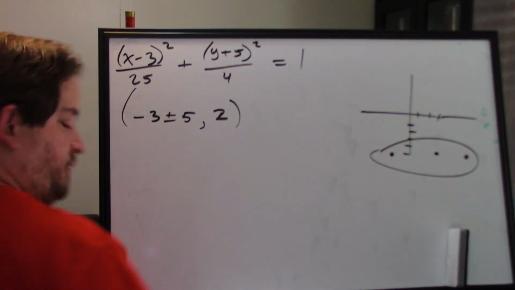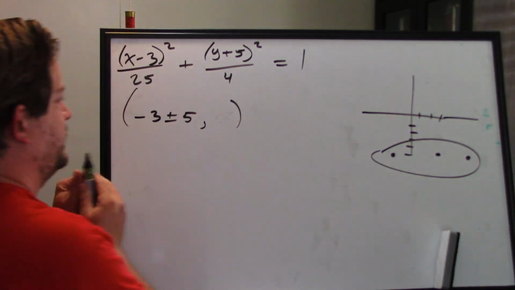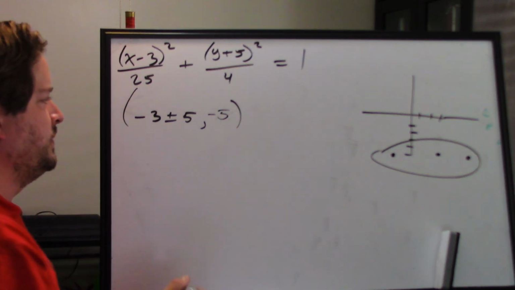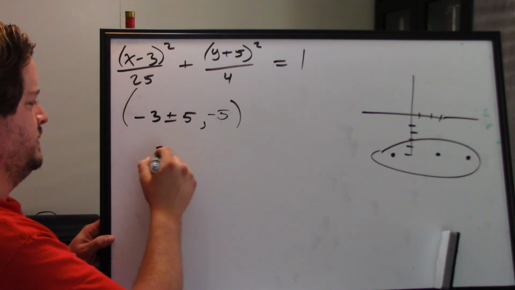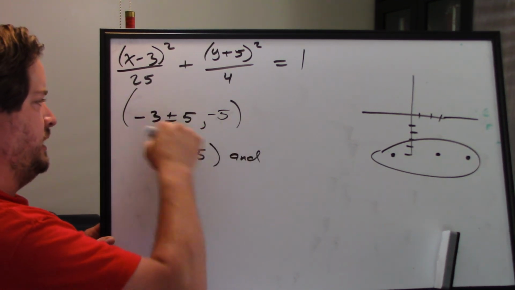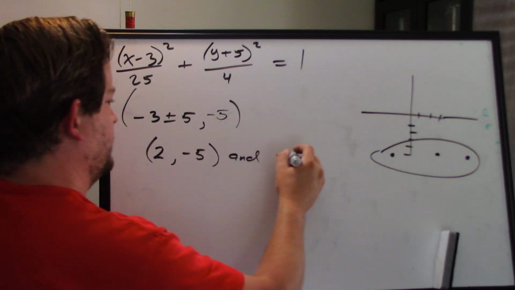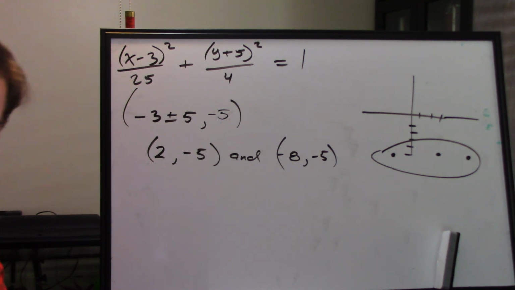That's a negative 5. Where's my eraser? Right. These guys you can simplify, so 3 plus 5, that's 8. And then 3 minus 5, that's negative 2. Negative 5. So you should find those as your vertices.